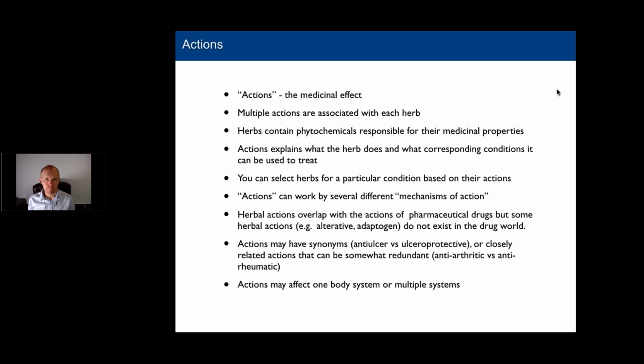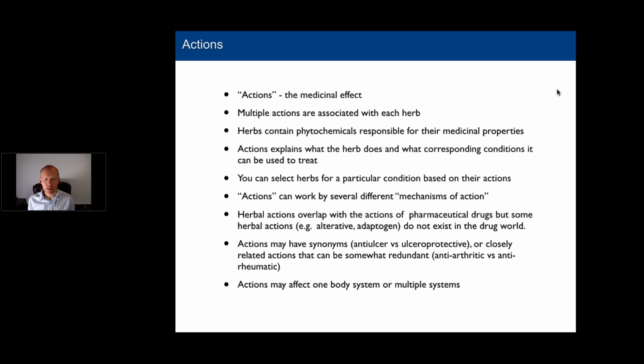So starting with your condition, or if you have a number of symptoms that the patient presents with, you can sort of use those to go backwards and find out, okay, if they have these symptoms, then I want to have this action and that action for that symptom. And then in the end, you can develop a formula that addresses the main symptoms that the person's presenting with, let's say, 3 or 4 different actions.